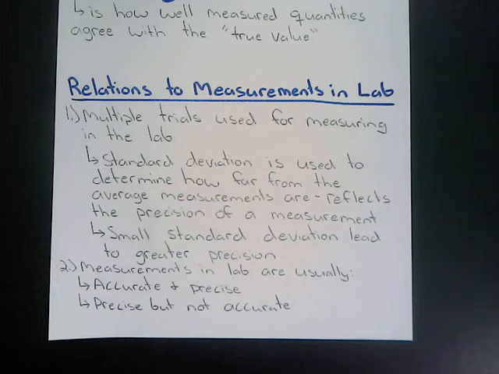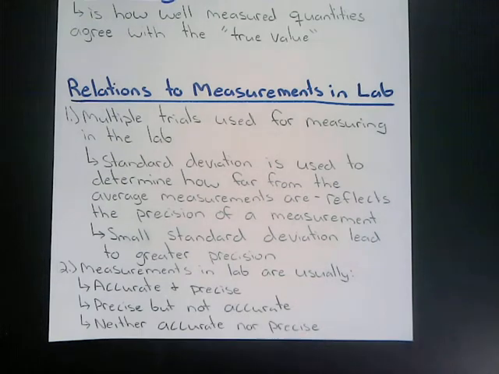Because you did that over and over, you were precise but not accurate to the true measurements. The third option is you're neither accurate nor precise. Usually in the lab, if you're neither accurate nor precise, you're really sloppy. You're all over the board when it comes to your measurements in lab.